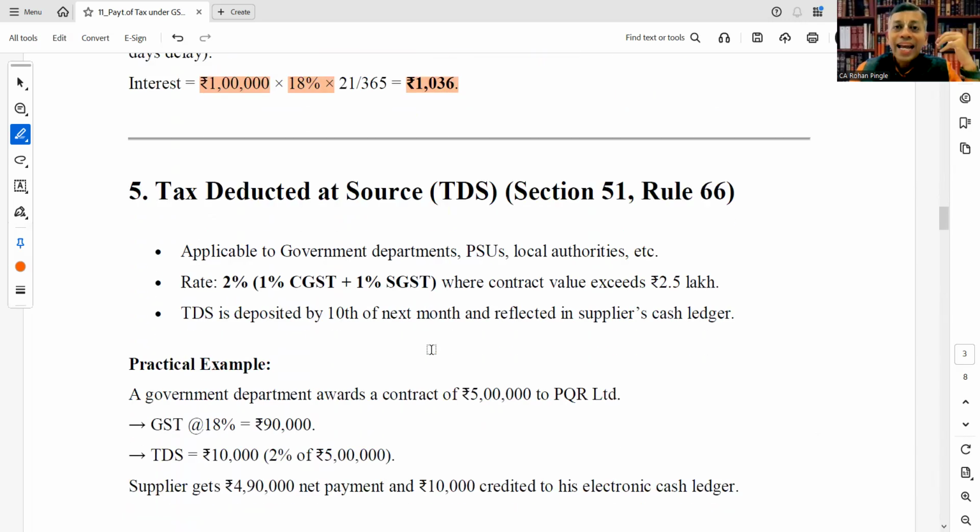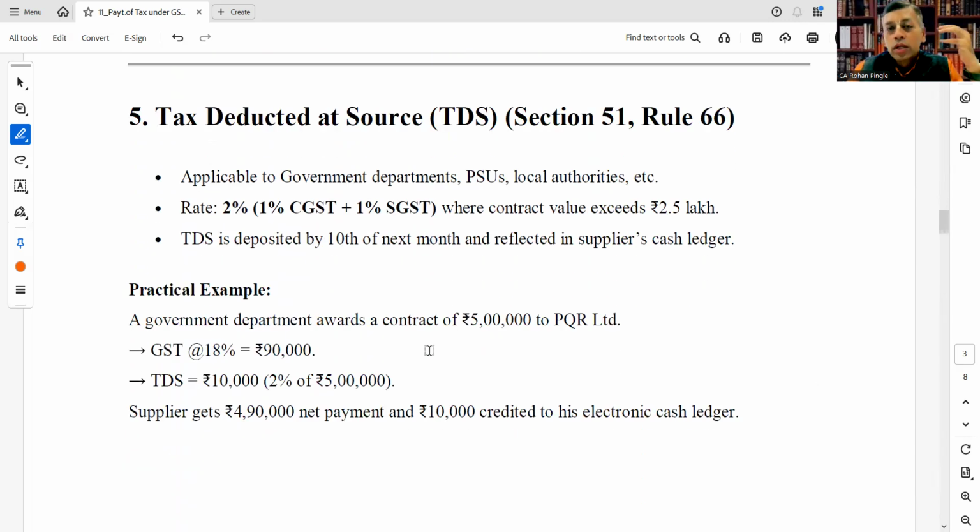Next, tax deducted at source. Section 51 and Rule 66 are applicable to government departments, public sector units and local authorities. This tax deducted at source is applicable to whom? Government departments, public sector units and local authorities.